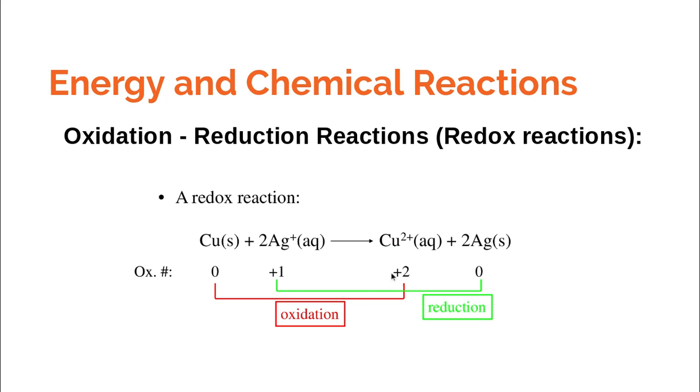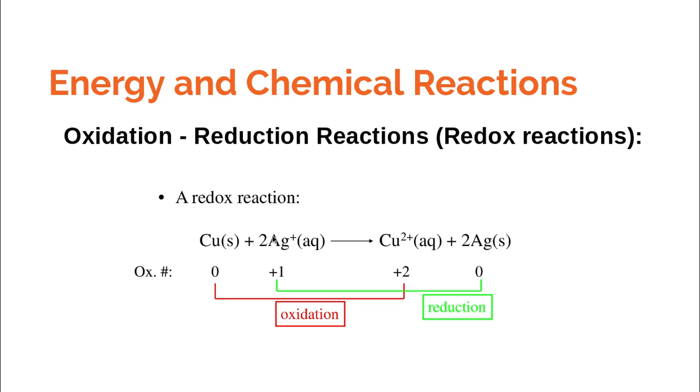So how did that happen? Remember, oxidation is loss, reduction is gain. Copper is the one that became a cation, so it lost 2 electrons. Where did they go? Silver was a cation.